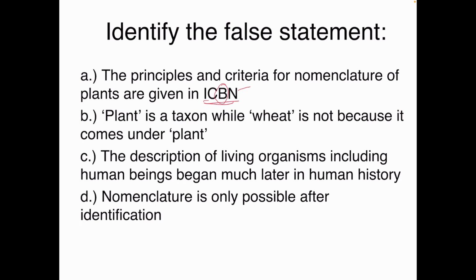It in itself is a category. Although it comes under a category called plant, in itself it is a category. Okay, so wheat is a taxon in itself, similarly as a plant is a taxon in itself. Okay, so this statement is wrong. Just because wheat comes under plant doesn't mean it is not a separate category. Okay, it is a category in itself. So wheat and plant both are taxons.